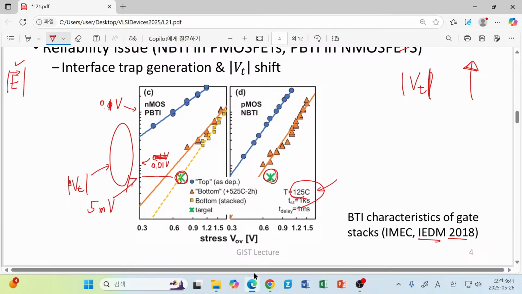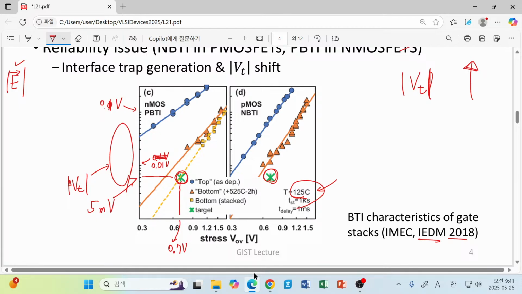And this means that in order to have a successfully working technology, when we apply our device, for example, 0.7 volt to our NMOSFET, you know, 0.7 is corresponding to the VDD of recent technology.